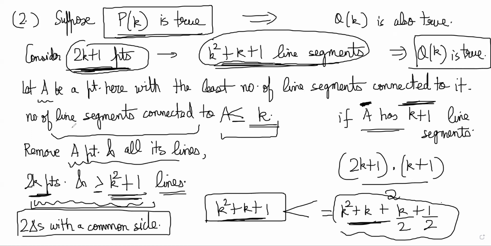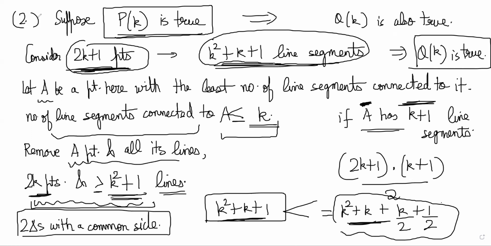We have just analyzed that situation, taken the point A with the least number of line segments connected to it, deleted it, and proved that the remaining figure still has two triangles with a common side. So obviously, if you don't delete it and keep the whole thing, that will also have two triangles with a common side, right? So Q of k is true.